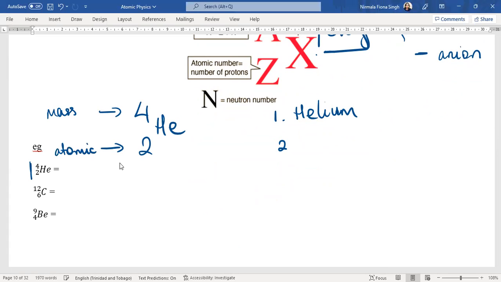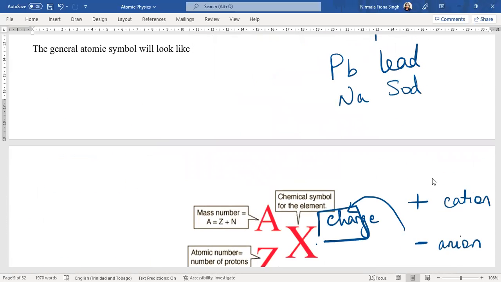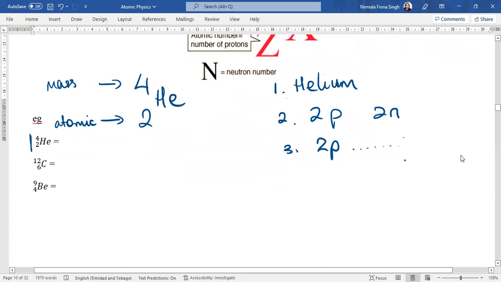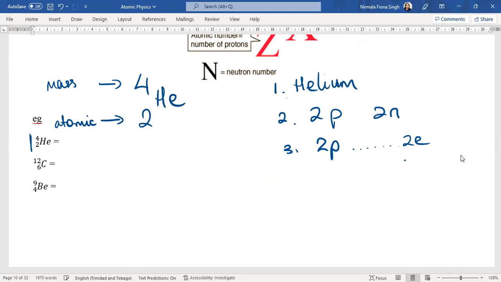Our mass number means it has 2 protons and 2 neutrons. From our atomic number, we know that it has 2 protons. And you could guess too, if it's a neutrally charged atom, it also has 2 electrons. So this notation by itself tells us a lot of things.